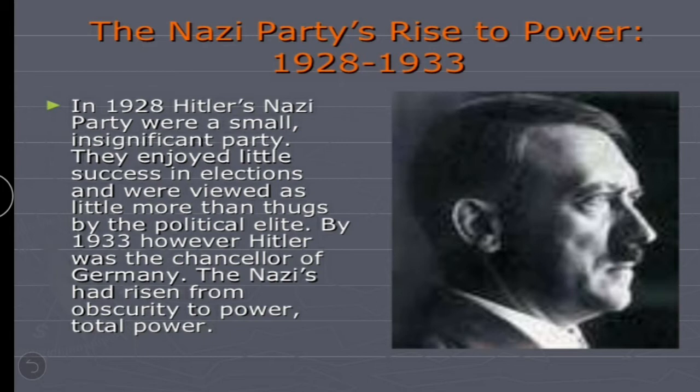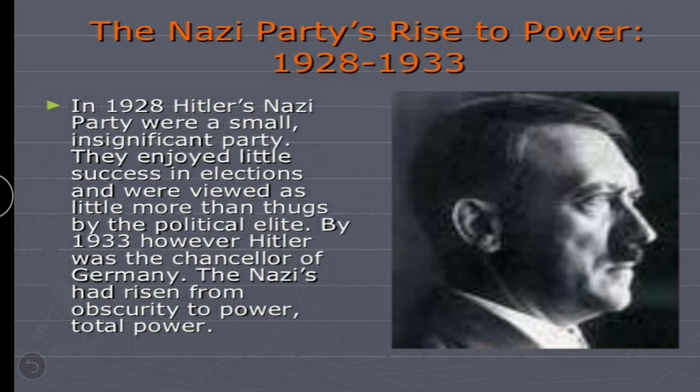Then the Nazi party's rise to power began in the year 1928 and it continued to be on top till the year 1933. In 1928, Hitler's Nazi party was a small, insignificant party. In the beginning when it was formed, it was a very small party, and it enjoyed little success in elections and was viewed as little more than thugs by the political elite.